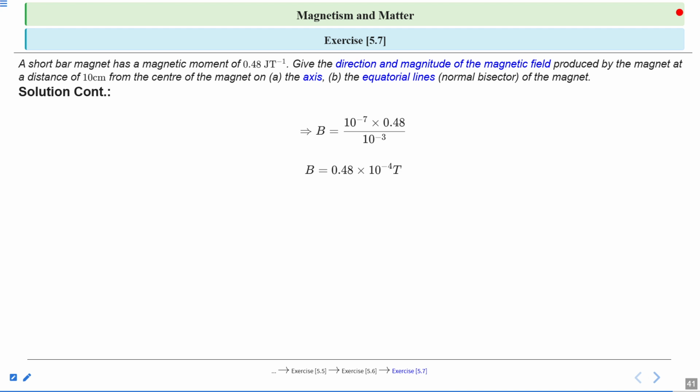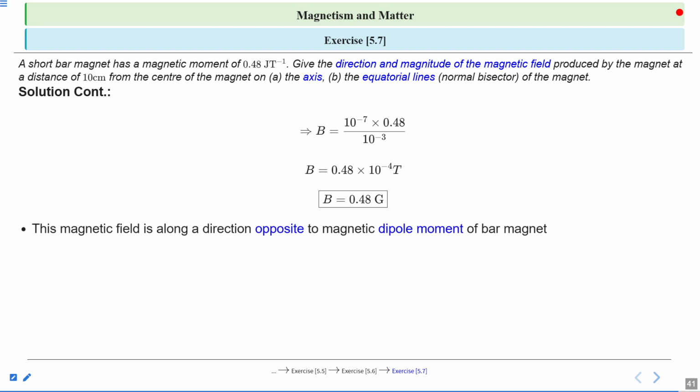So B equal to 0.48 into 10 to the power minus 4 Tesla. This is half of the magnetic field at the axis, which was 0.96 into 10 to the power minus 4 Tesla. In terms of Gauss, we can write B equal to 0.48 Gauss.